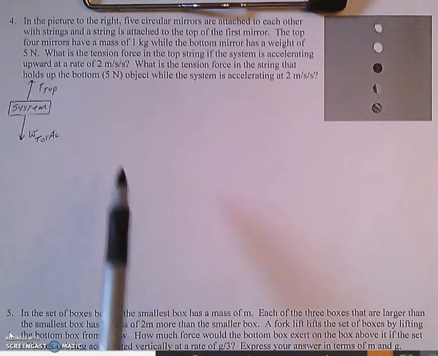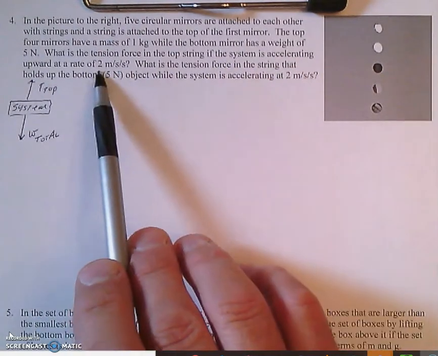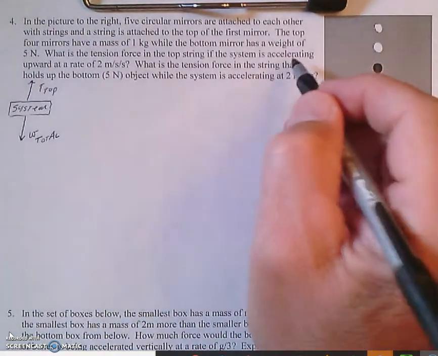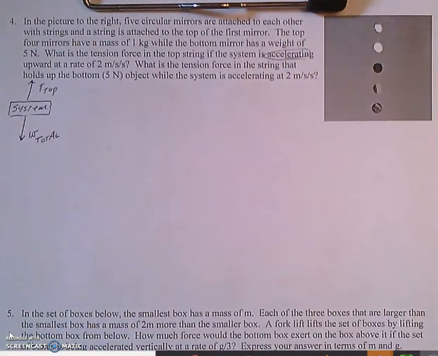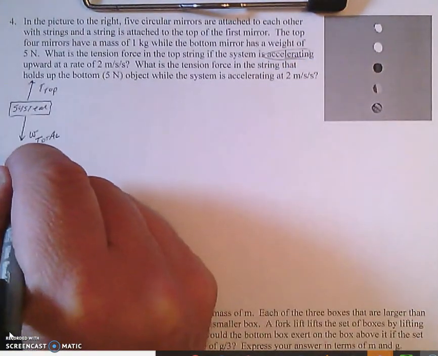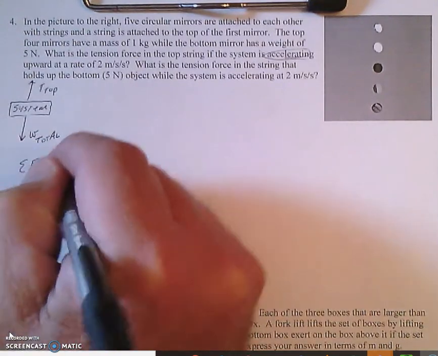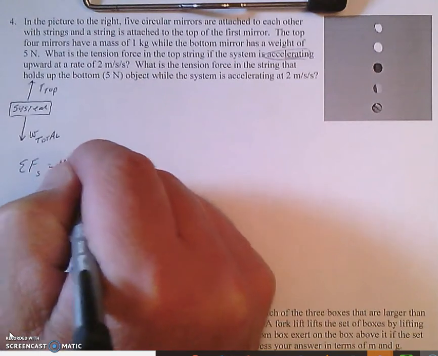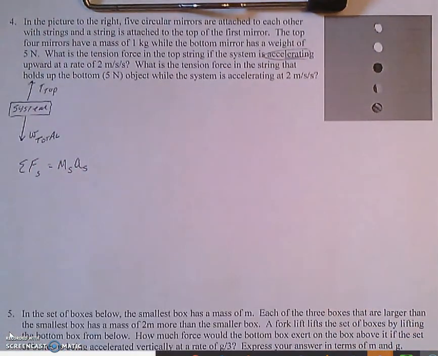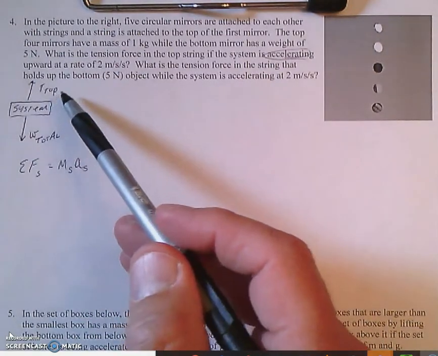And our first question says, what's the tension force in the top string if the system is accelerating? So we've got our picture. It's accelerating, so the sum of the forces on the system must equal the mass of the system times the acceleration of the system. Now we want to find this tension in the top.